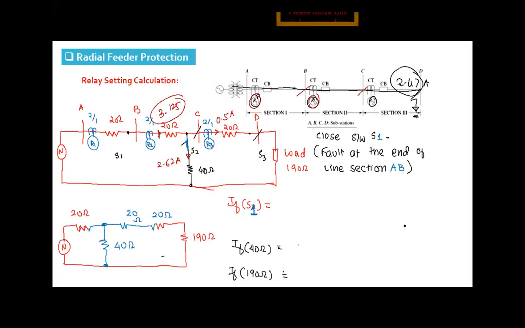Bhavesh, I think there is some mistake in your calculation. 230 divided by 20 plus 40 parallel to 20 plus 20 plus 190.